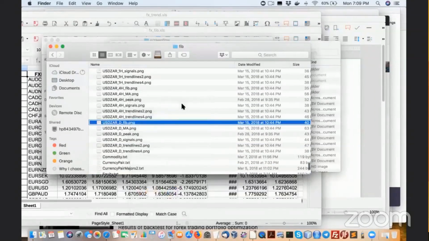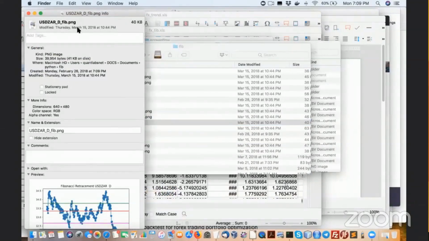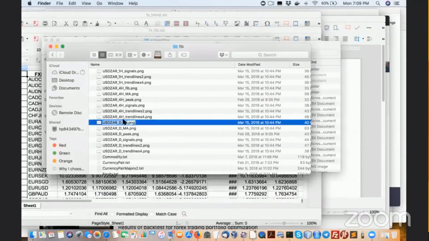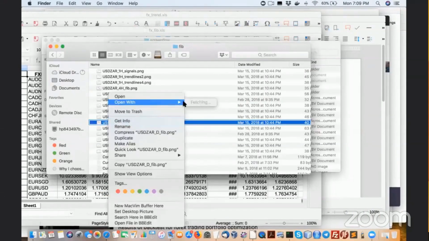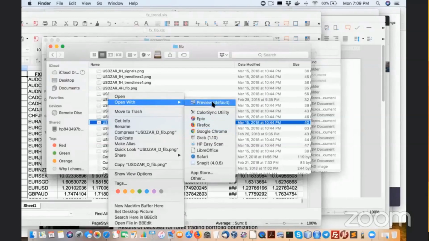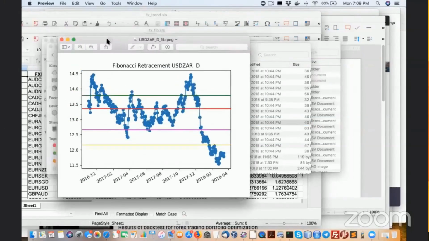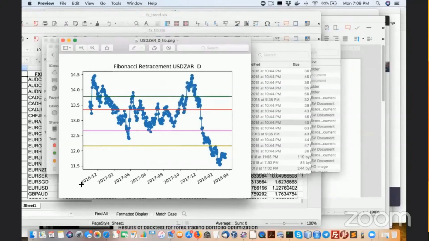So this is one of the charts that the system will bring up. Let me show you one of these charts for the Fibonacci on a daily. So what I'm talking about is we have here the current price all the way back to just before December of 2016.